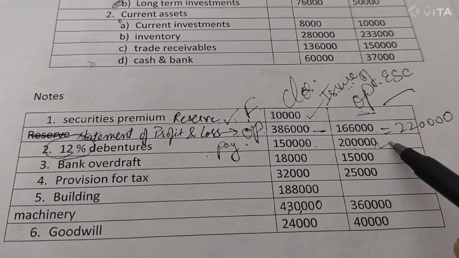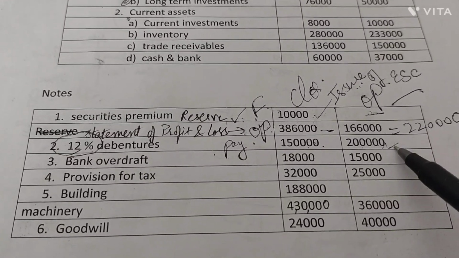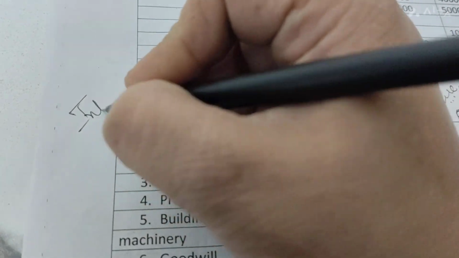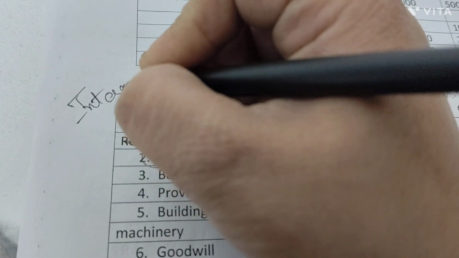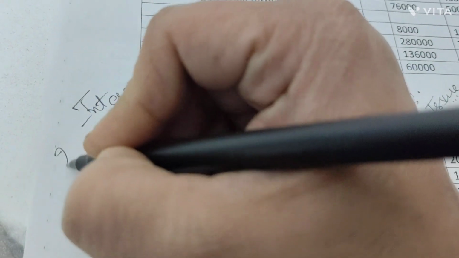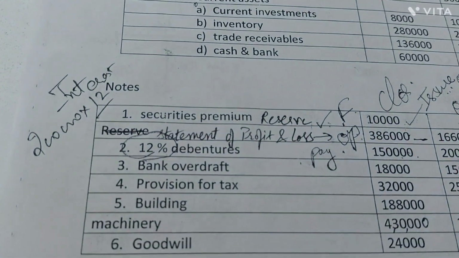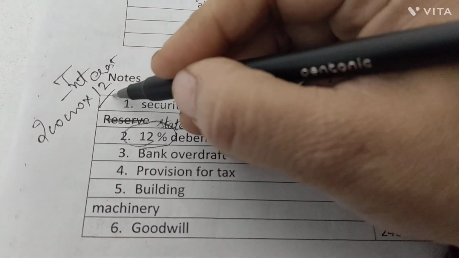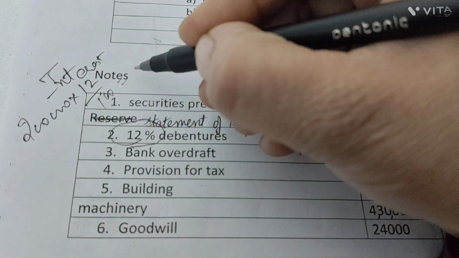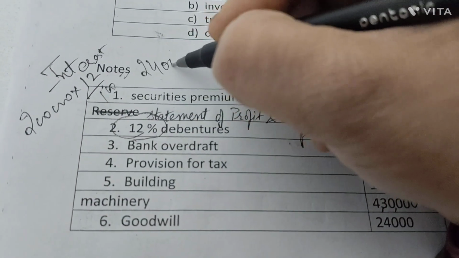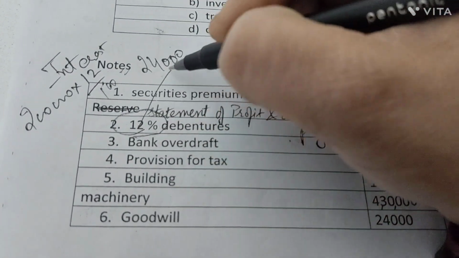What was the opening balance of the debentures? That is rupees 2 lakh. So for the interest calculation, you will take the opening balance of the debentures, rupees 2 lakh, multiplied by 12%. The interest we get from here is 24,000 rupees.